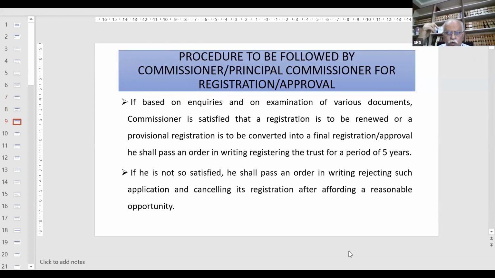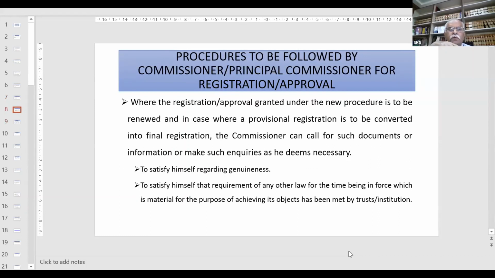No, I think you go back to the earlier one. Now, in a case where the registration has already been granted under 12AB and you want to renew it, and in a case where the provisional registration is to be converted into a final registration, the commissioner can call for such documents.